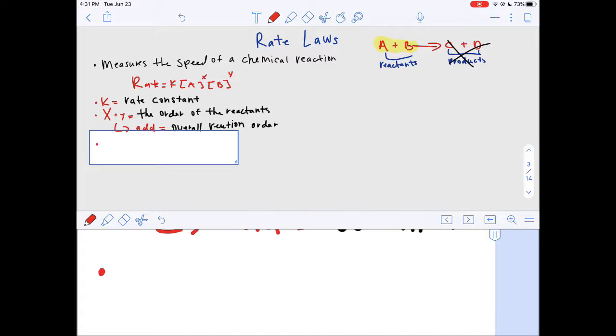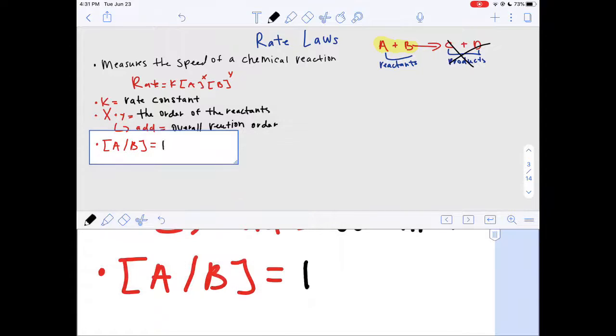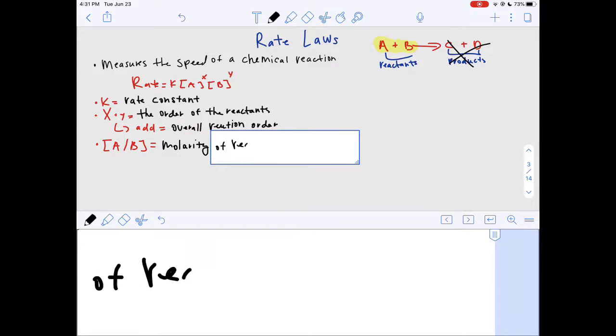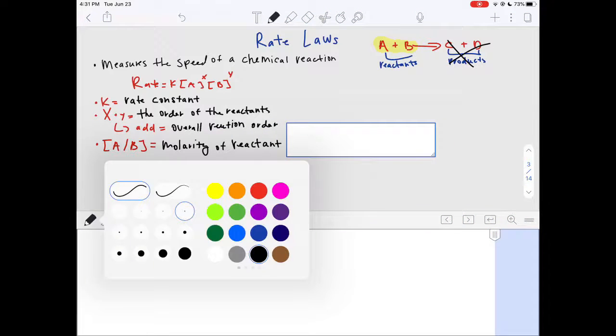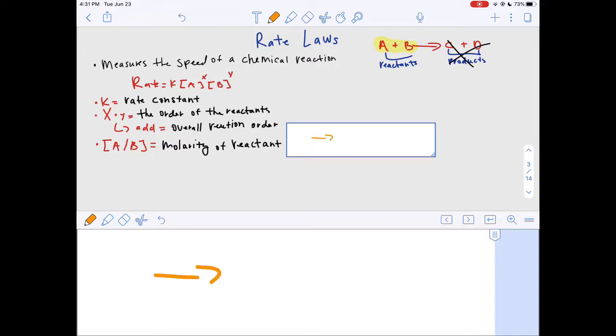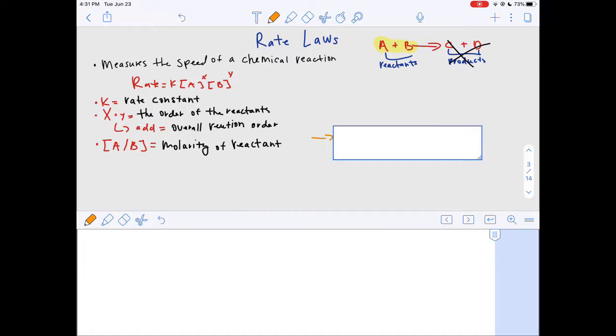And then the concentration of elements is the molarity of each component in the rate reaction, which is just how concentrated it is. An example, if you need a little understanding, is when you're using powdered lemonade or Kool-Aid to make your drink.